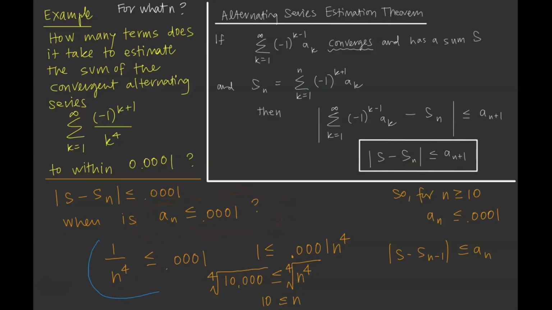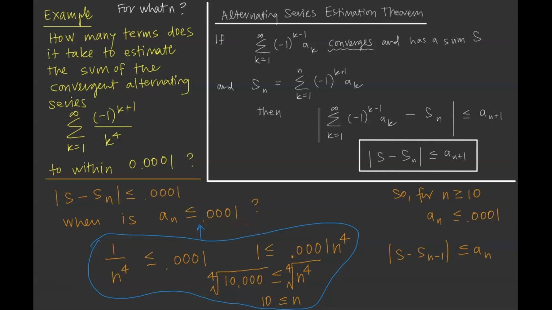All of this work was just done to find that n that satisfies this inequality. And it turns out that if n is greater than or equal to 10, then all of those terms, a10, a11, a12, will be less than 0.0001.